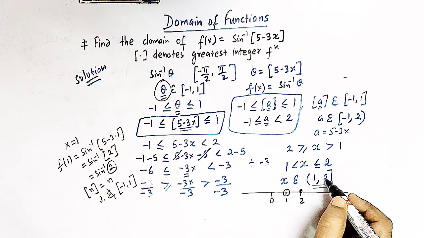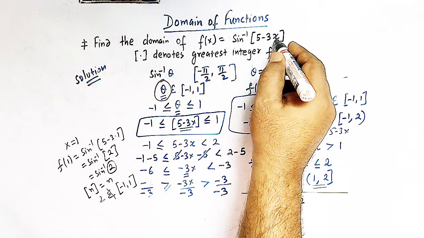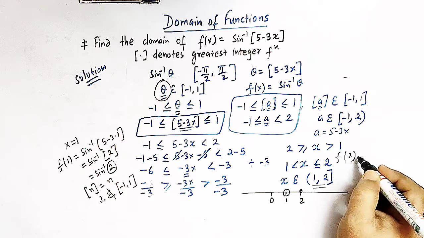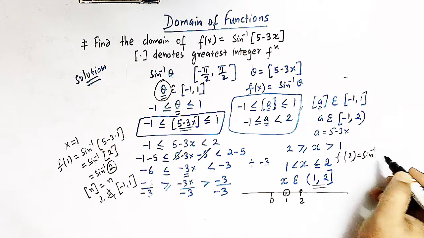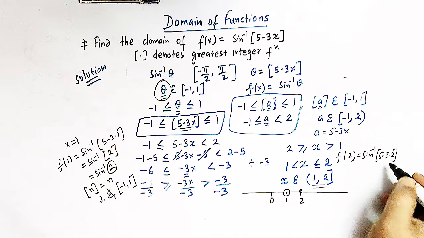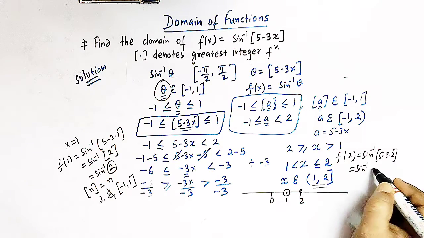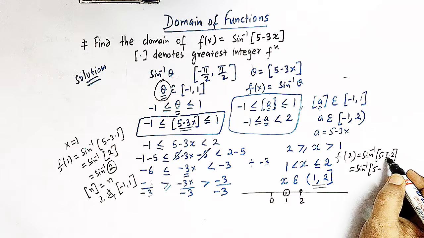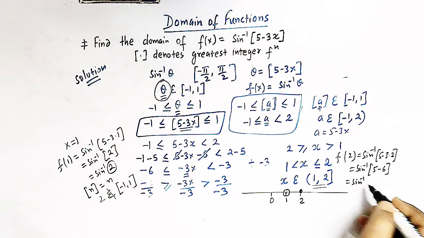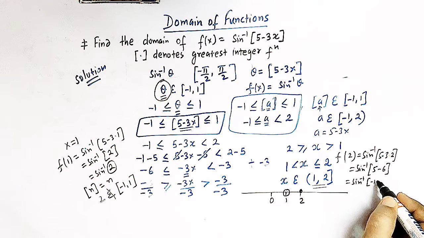But 2 is included, because if we take x equal to 2, then f of 2 is equal to sine inverse of the greatest integer of 5 minus 3 times 2. 3 times 2 is 6, so we have sine inverse of the greatest integer of 5 minus 6, which is the greatest integer of minus 1.